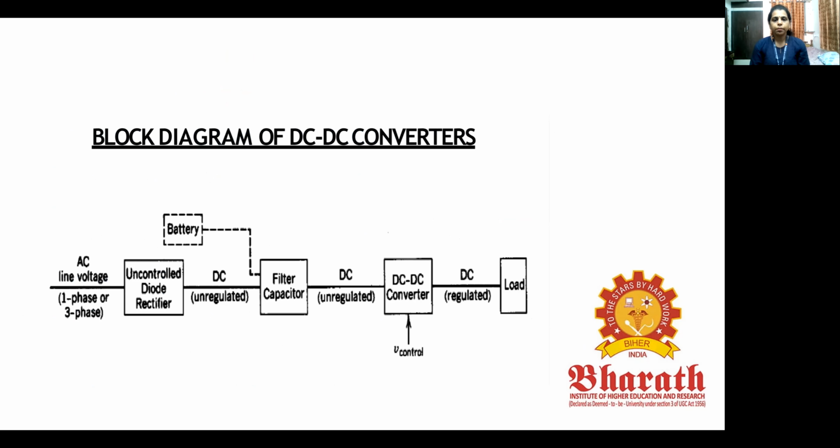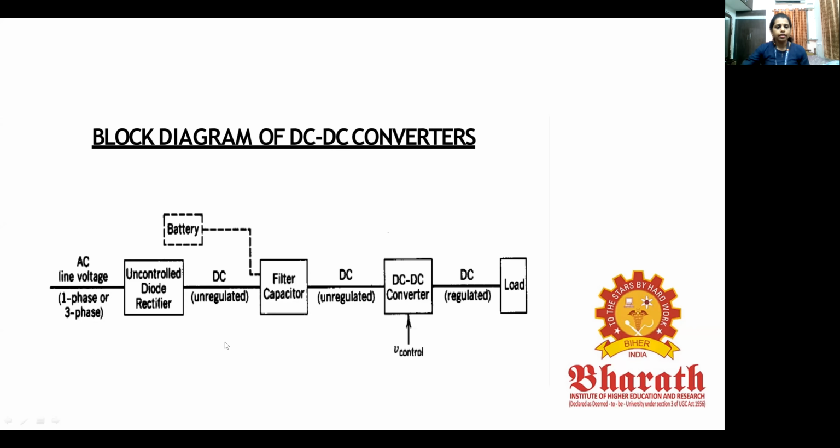So this is the block diagram of a DC to DC converter. When you consider any application, this will be the basic block diagram. The available source from the grid will be either a single phase or three phase AC line voltage. A line voltage, single phase or three phase AC voltage, can be converted into a DC voltage by making use of an uncontrolled diode rectifier.